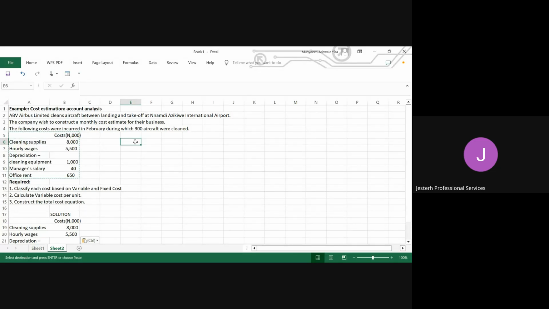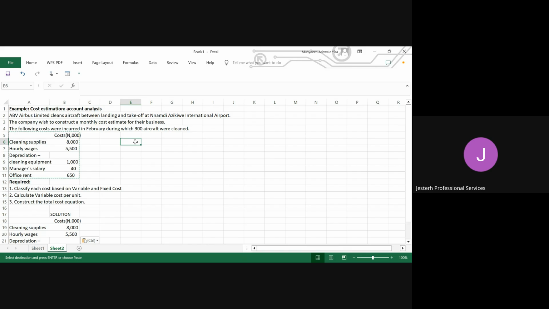Now, when I was explaining cost classification, I referred to a manufacturing company, and then I also referred to a service organization. In this aspect, we can say they are a service organization. We can only feel their impact, but we cannot touch it.